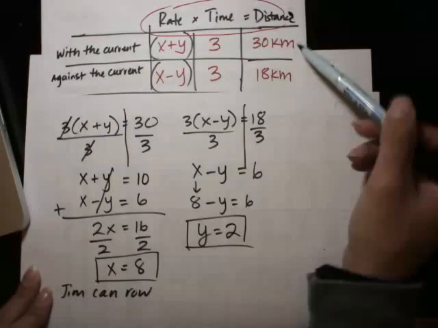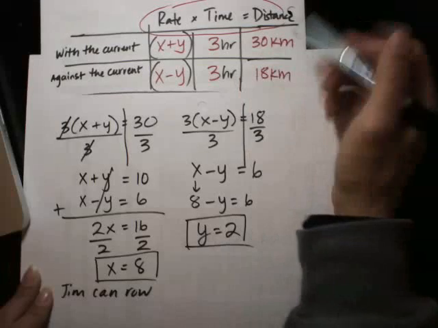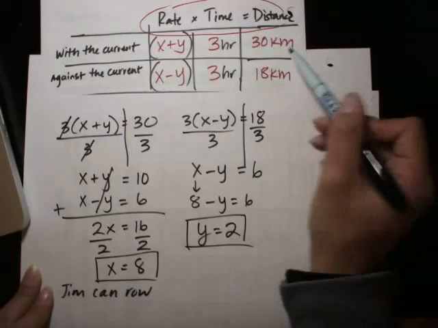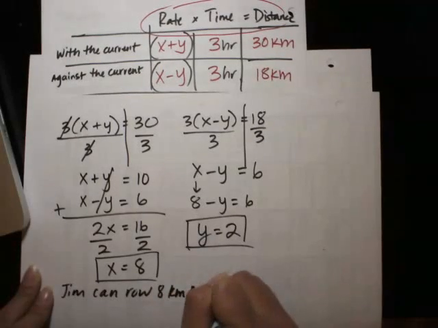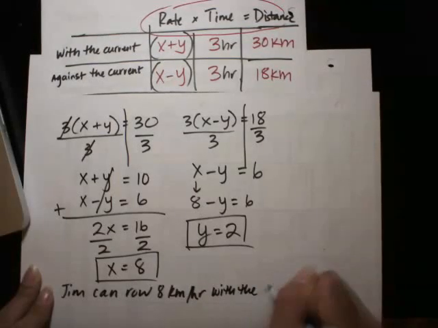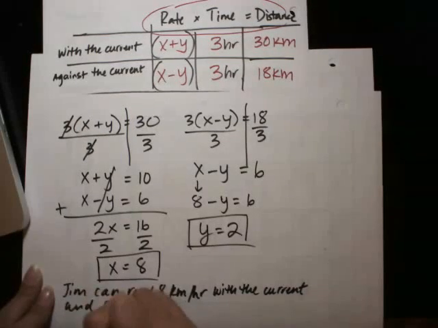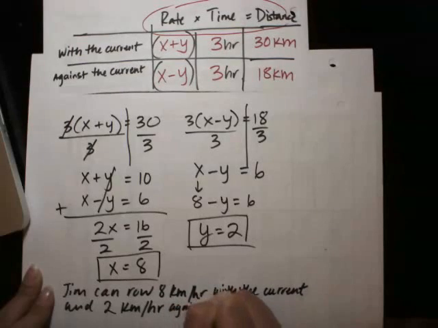Here we have kilometers, in time we have hours. So when we solve for rate, we said distance divided by time, so kilometers per hour. So 8 kilometers per hour with the current, and 2 kilometers per hour against the current.